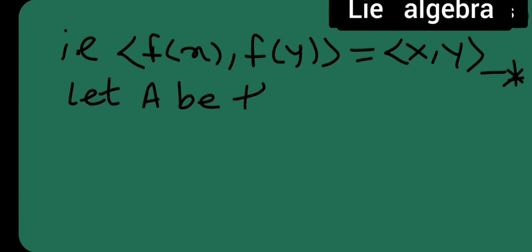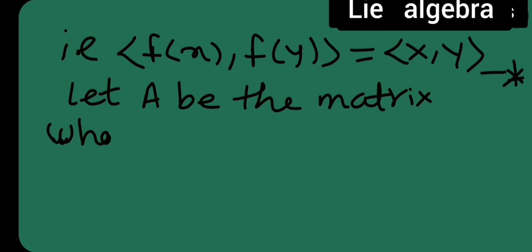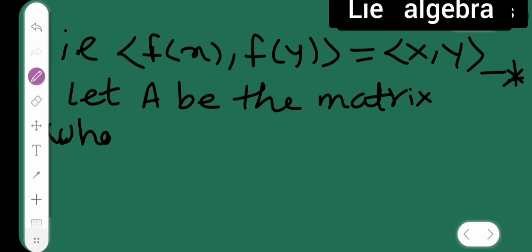Let A be the matrix whose ith row is f of e_i.